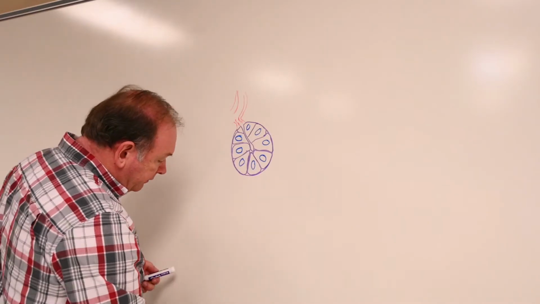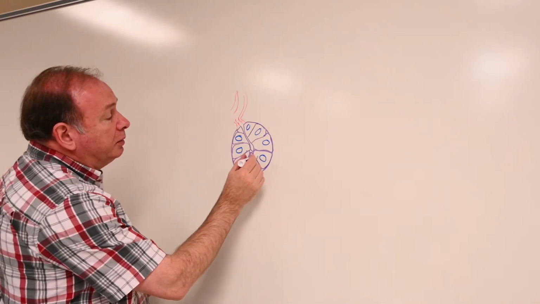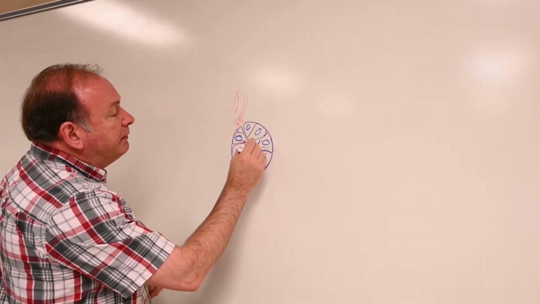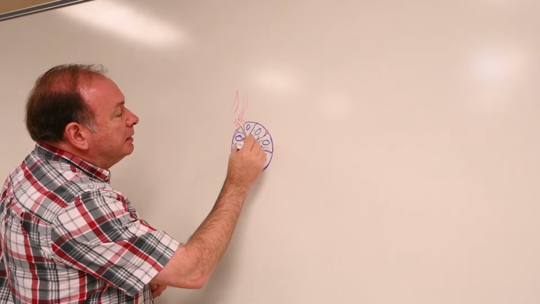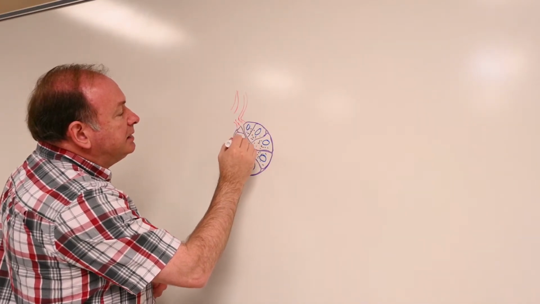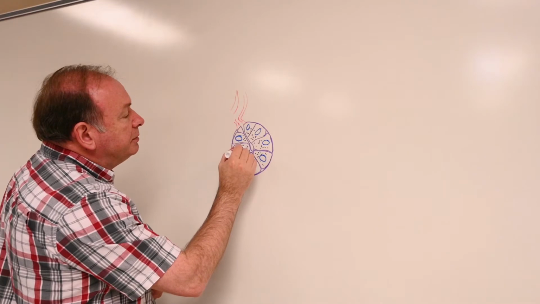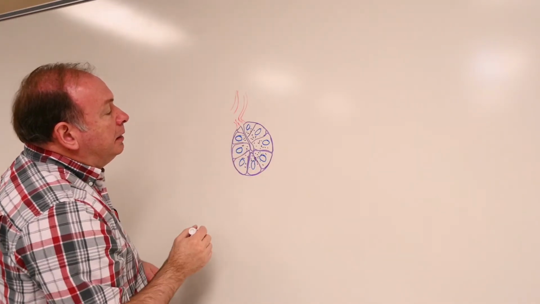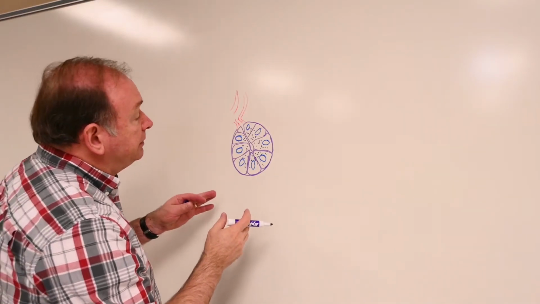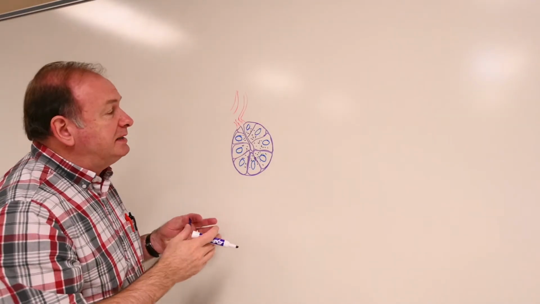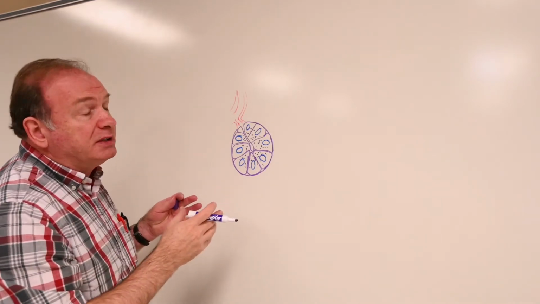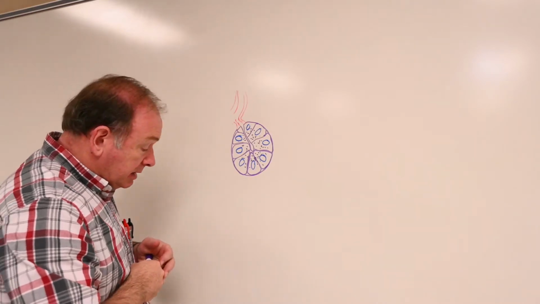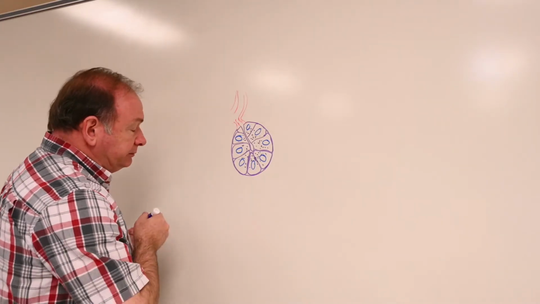Anyhow, they have a lot of secretory granules. The product that they're producing, the saliva, the enzyme, shows up in stained sections as these purple granules. So this is what we call a serous acinus. It produces a watery secretion. That's one of our types of salivary acini, serous.